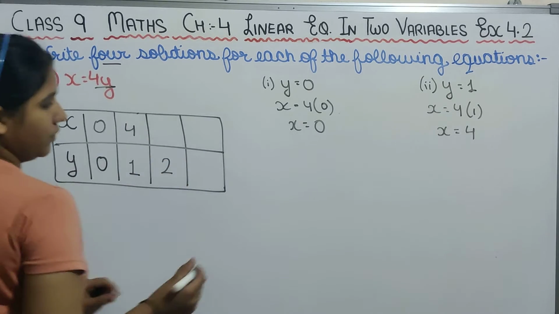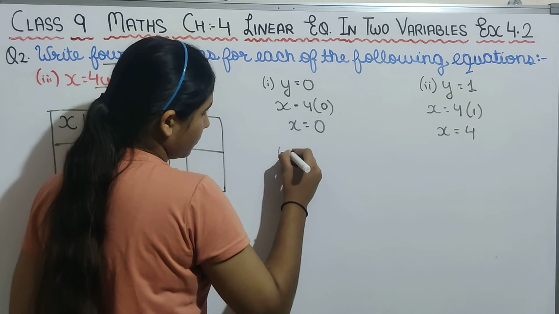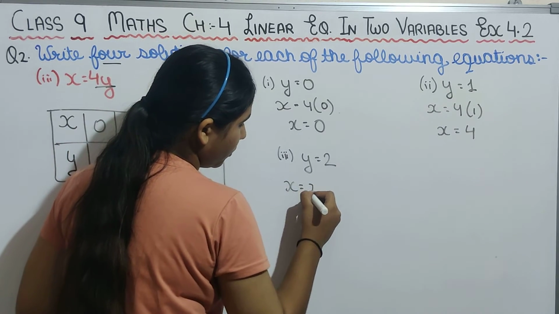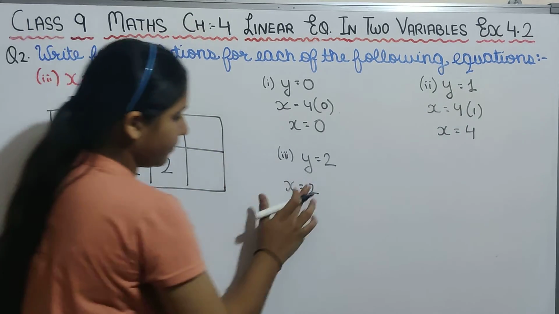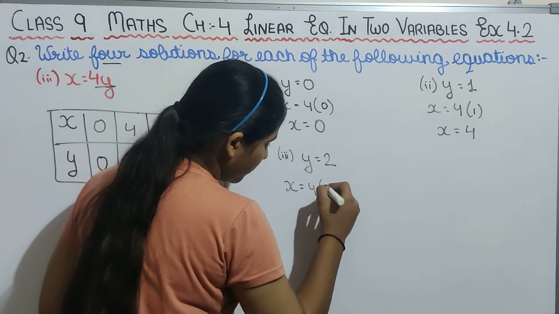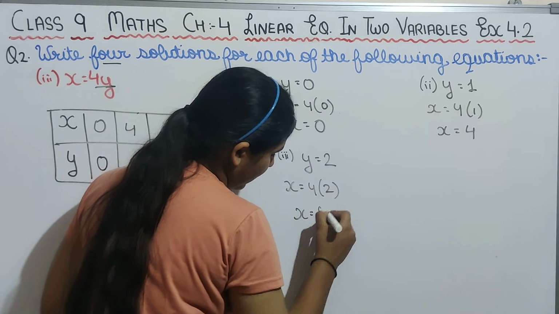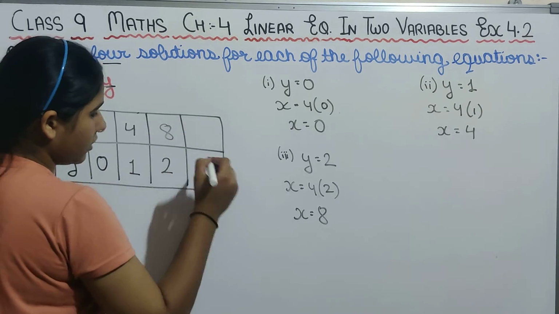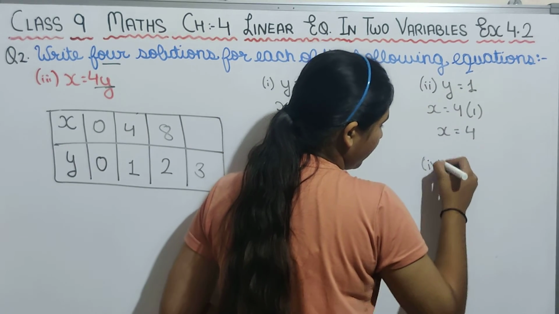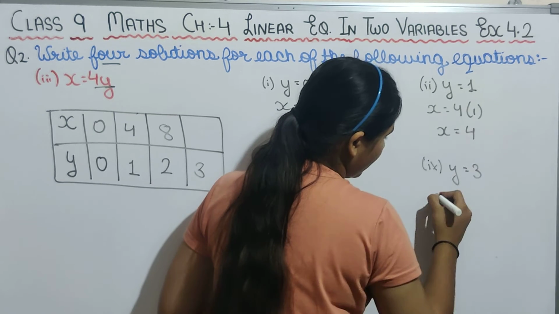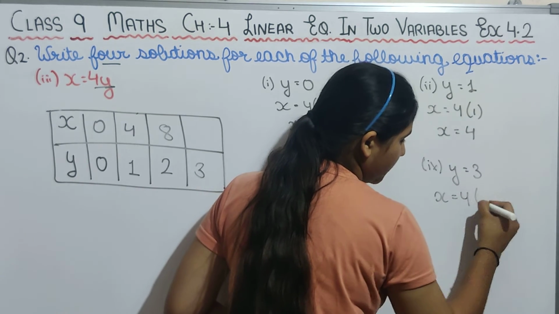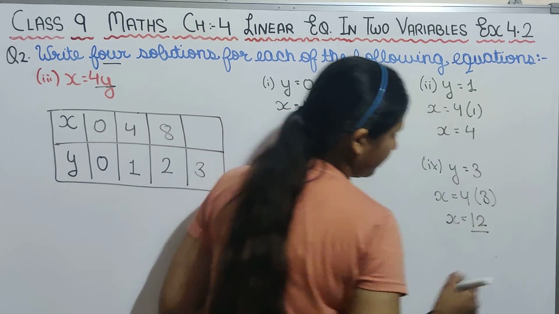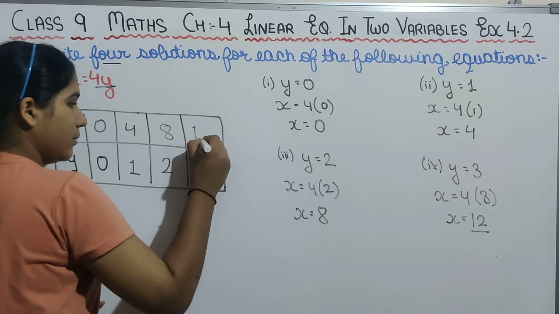If y is 2, then x is equal to 4 into 2, so x will be 8. And if y is 3, x is equal to 4 into 3. 4 3s are 12, so x will be 12.